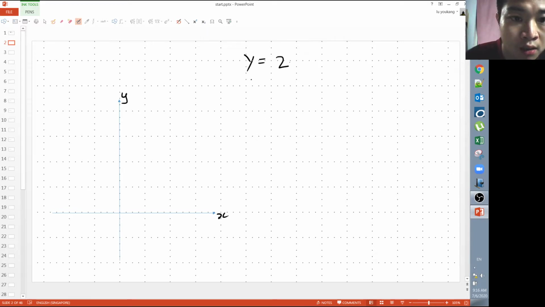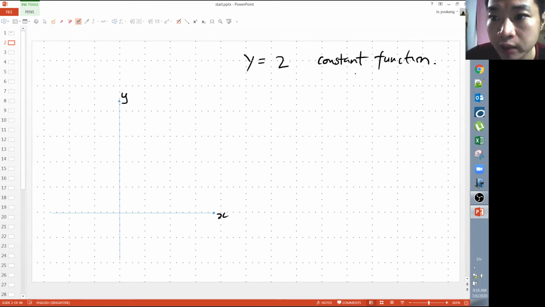Right, so this is also called a constant function. I will illustrate to you why this is called a constant function.